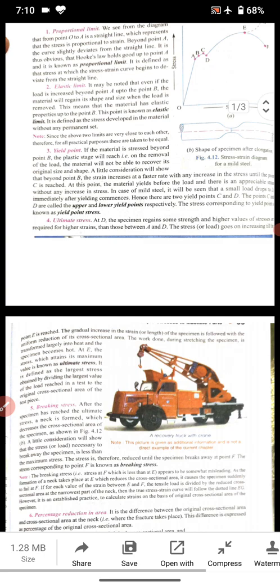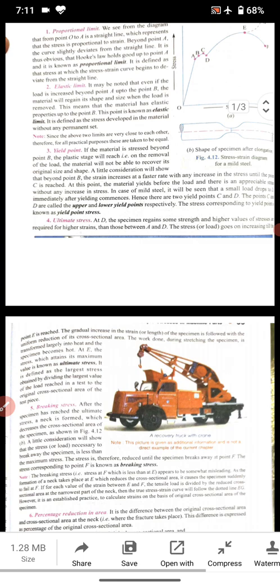So I am reading the portion of breaking stress as it is. After the specimen has reached the ultimate stress, that means point E, a neck is formed. Neck is formed where? In the dog bone structure, which decreases the cross section area of the specimen, that is Figure 4.12. You may see the dog bone structure.